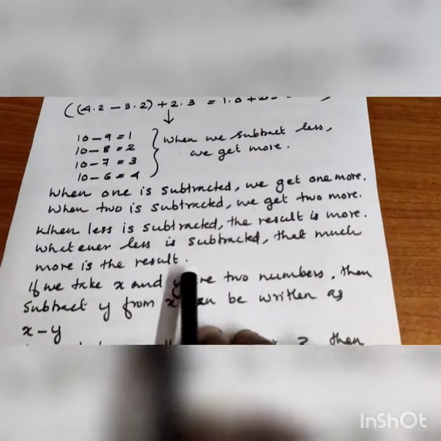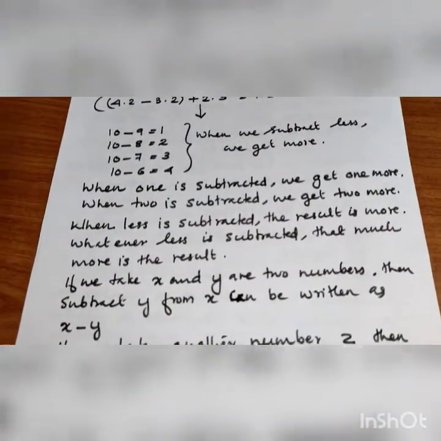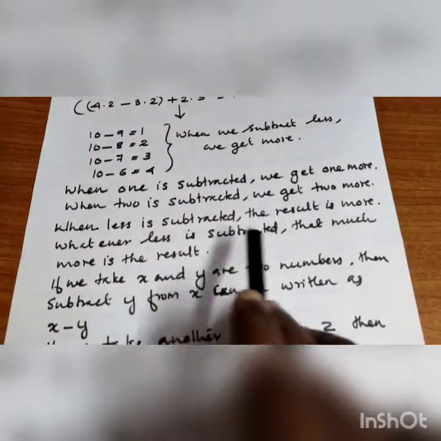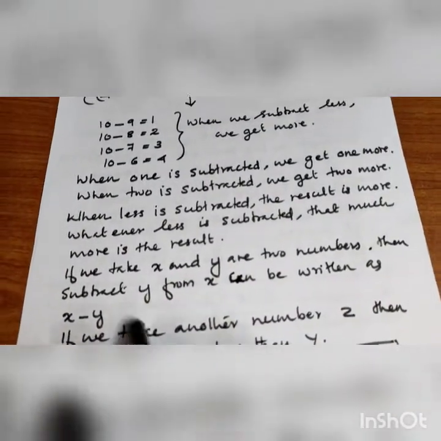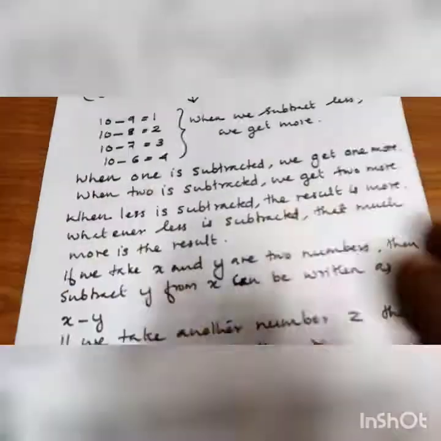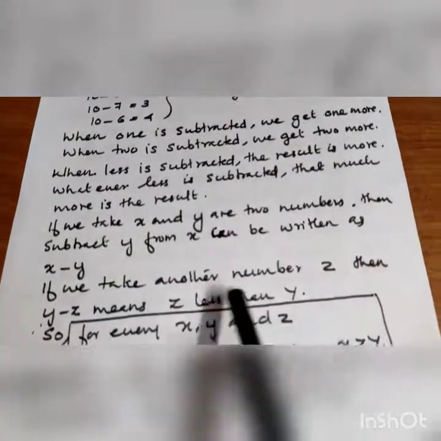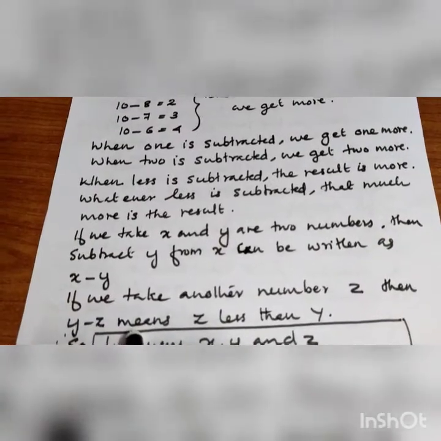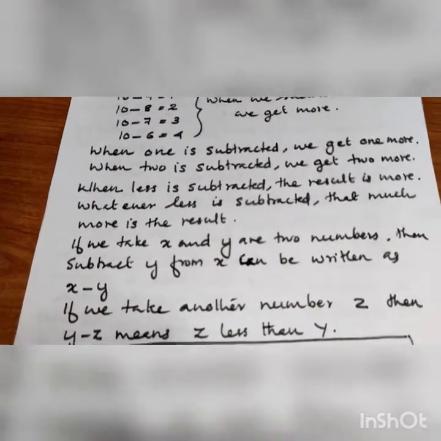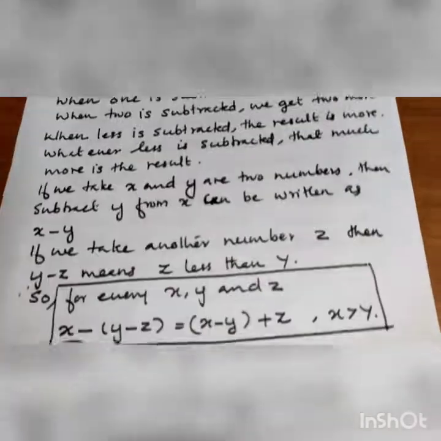If we take x and y as two numbers, then subtracting y from x can be written as x minus y. X minus y means subtract y from x. If we take another number z, then y minus z means z less than y, or subtract z from y.